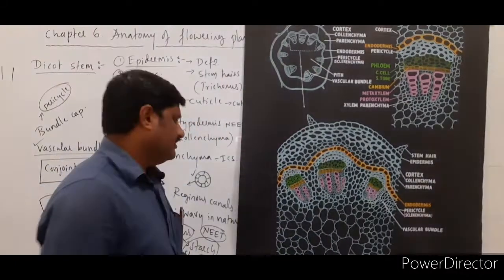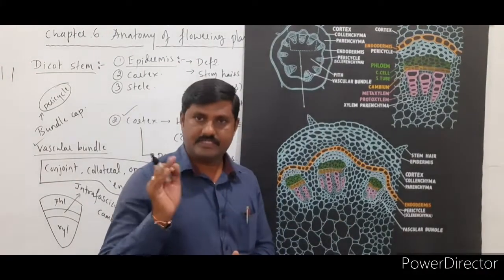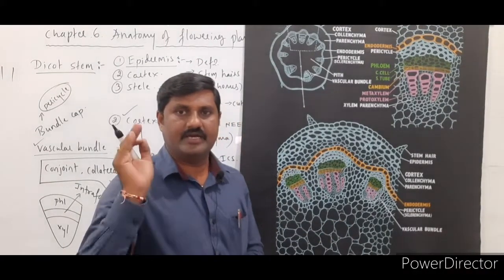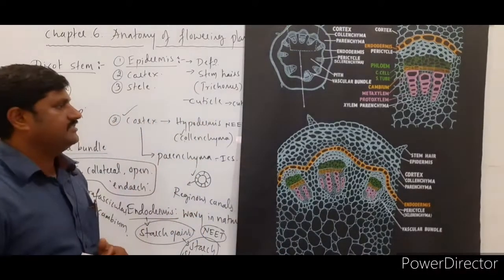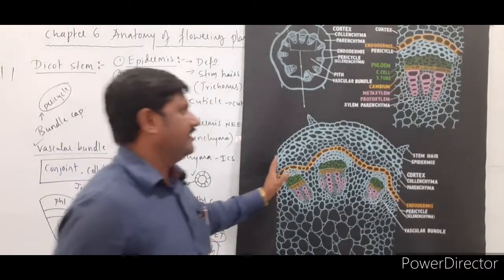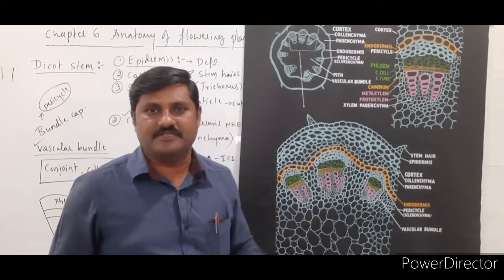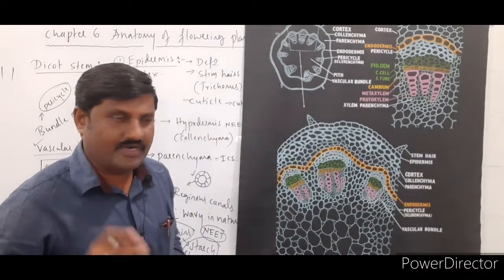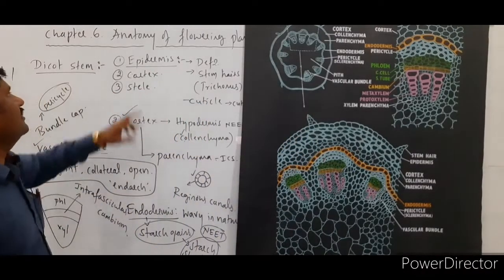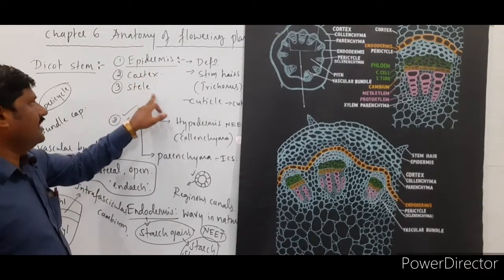So this kind of pith is made up of parenchyma tissue. I hope you understood. So for the entire cross section of this dicot stem, what are the major parts that you come across? Epidermis, cortex, stellar region.